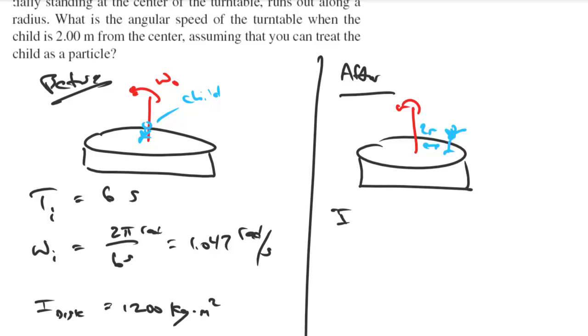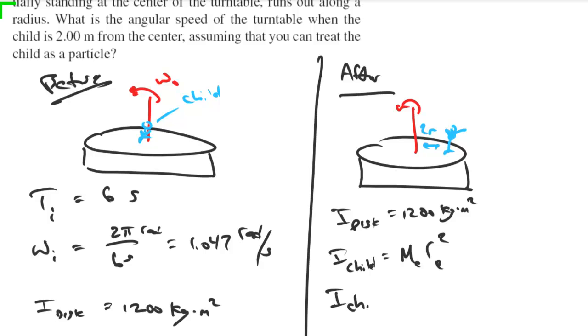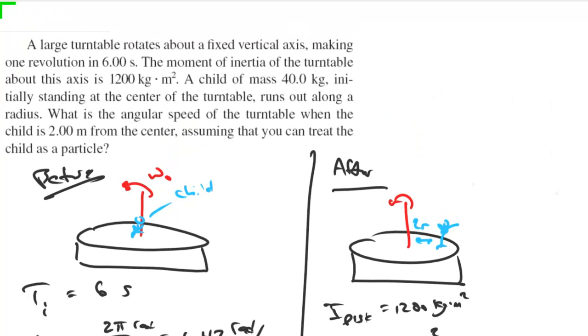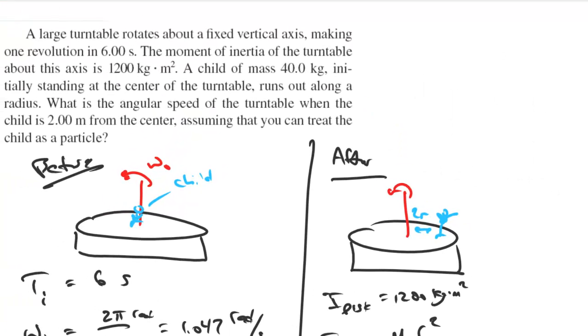So now we still have I disk is still going to be this 1200 kilogram meters squared, but the rotational inertia of the child is going to be, well, since it's a point mass, the mass of the child times the distance to the child squared, right? Which is 2 meters. The kid had a mass of 40 kilograms and then moves out to 2 meters away.